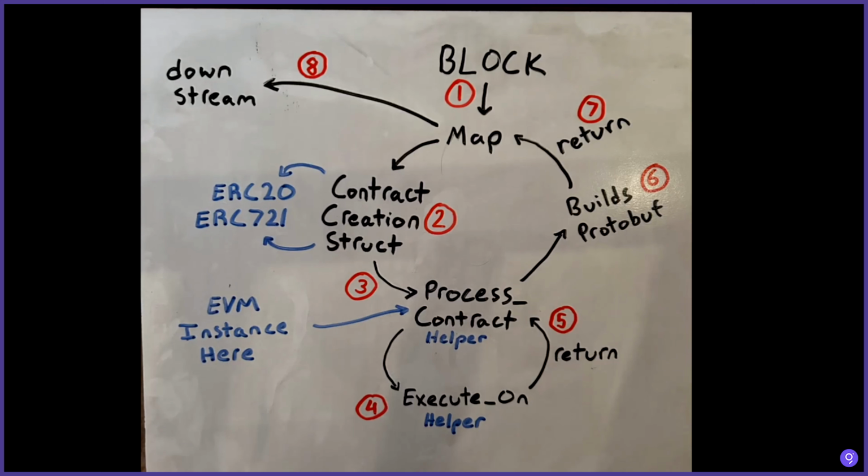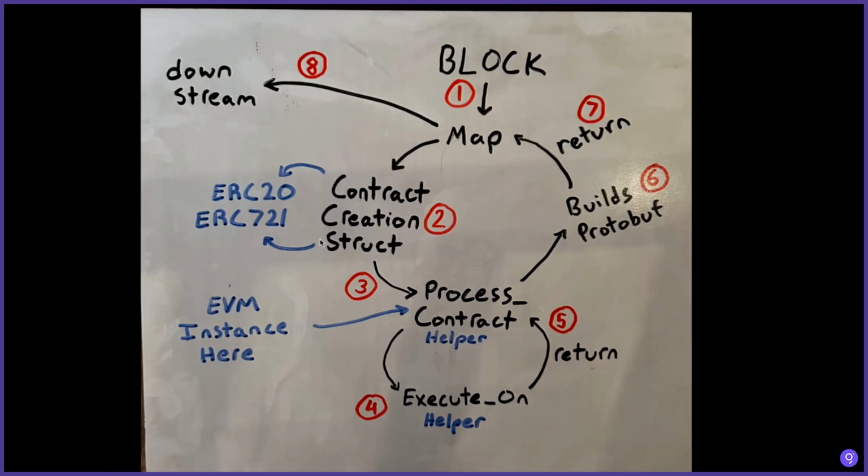We recognize the presence of function signatures in the bytecode to determine if the contract is ERC20 or ERC721. Then we build a struct accordingly.